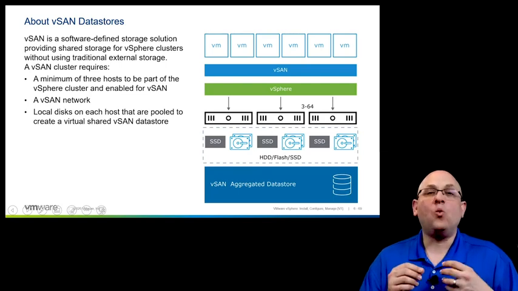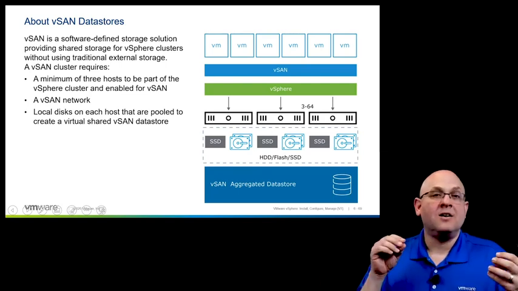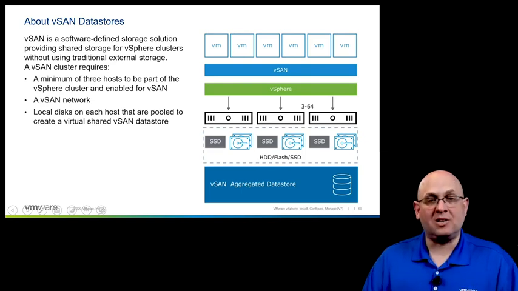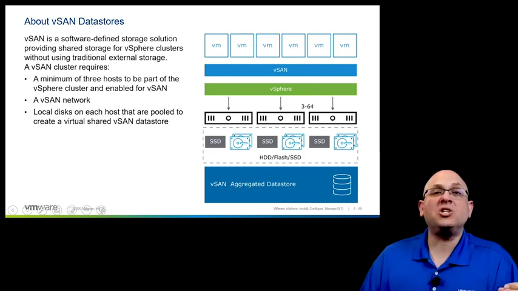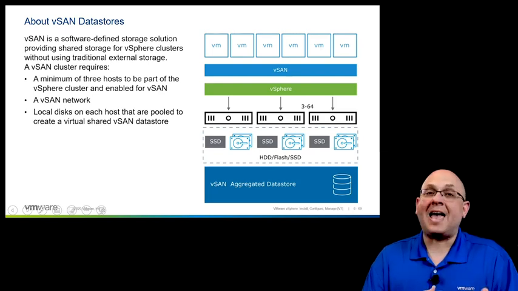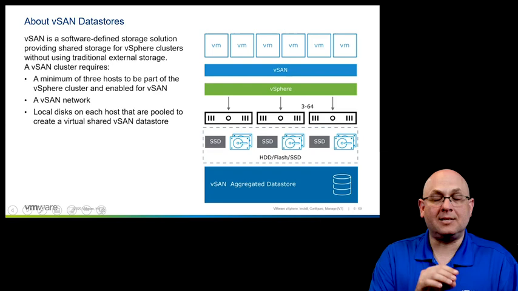Okay? And within these hosts, we're going to have 2 types of storage devices. We're going to have a caching device and we're going to have capacity devices. The caching devices must be solid state.